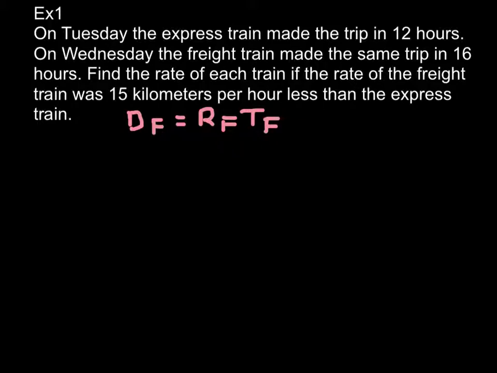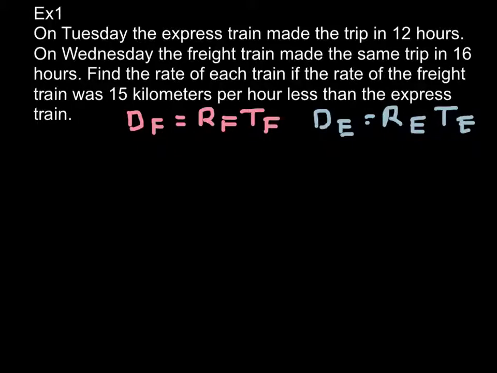So again, distance equals rate times time. And you notice I used F to represent the freight train. Now I know that the distance of the express train is equal to the rate that it was going, how fast it was going, times how long it went at that rate.